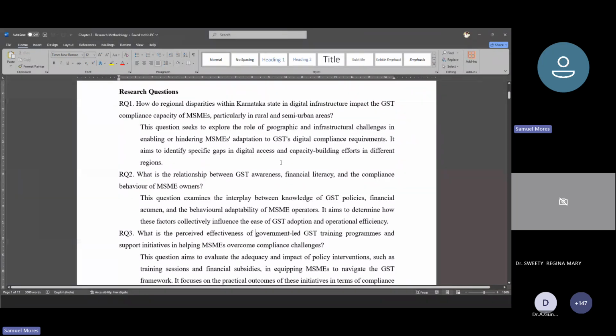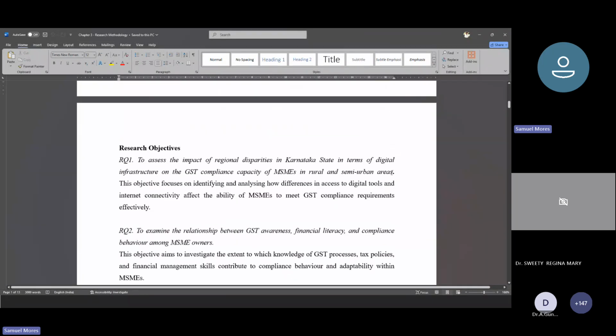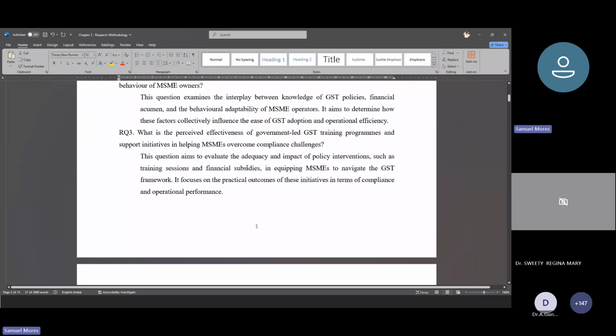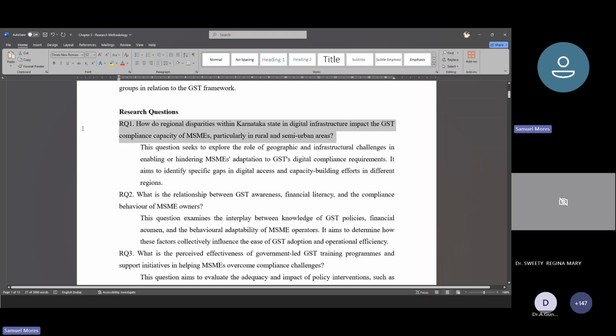And from these three questions, I have to develop research objectives. What research objectives are framed? This is research objective 1: assess the impact of regional disparities. This is the style of writing for research objectives. Research questions should be in question style.